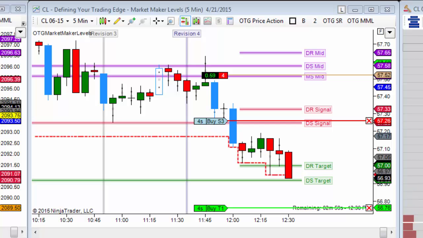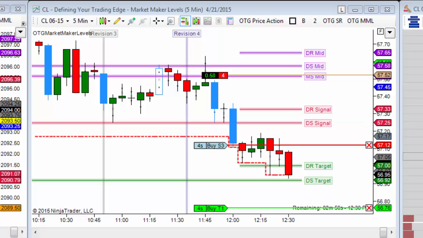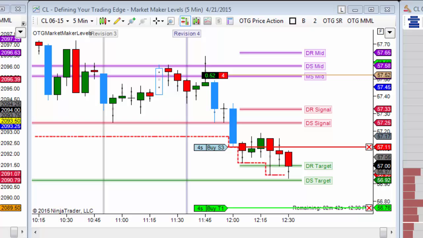Okay, there's new lows, 93, 92. 76 is the target. Let's bring the stop to break even plus 40 to 11. Maybe. Come on. Yeah, it is.